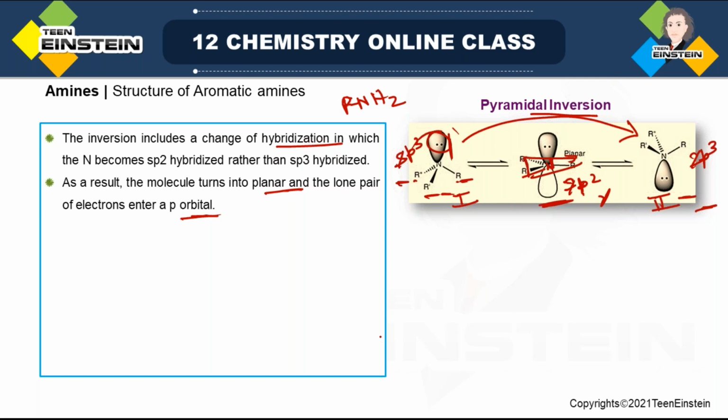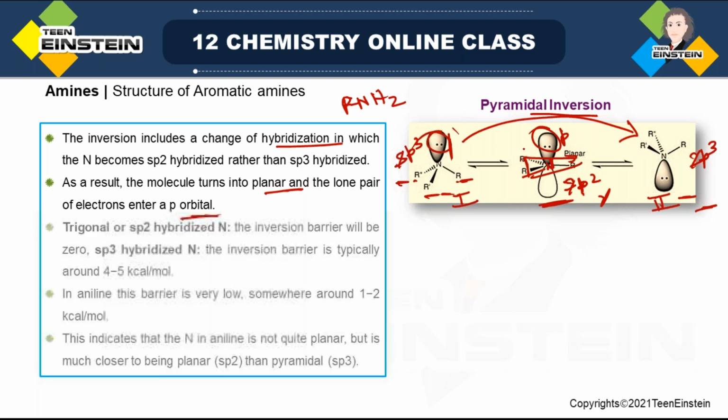But when it is sp2, there are actually 3 sp2 in total. All these 3 sp2 will be used for bond formation with 3 R groups, and 1 p orbital, which is not part of hybridization, that is unhybridized, pure p orbital, will contain this lone pair. Okay, so this is the difference in structure.